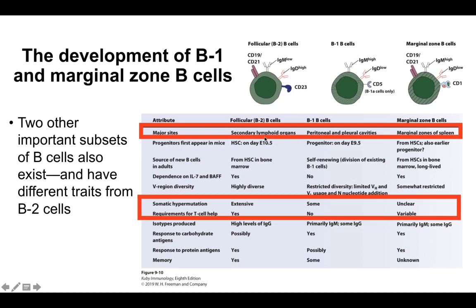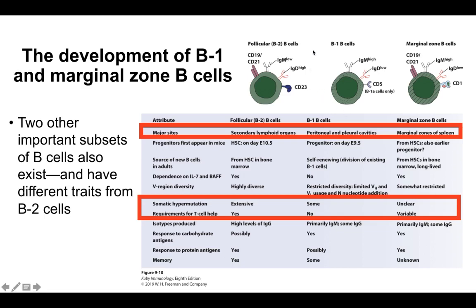These are the ones that exist in the secondary lymphoid organs, and the B1 cells and marginal zone B cells occur in different locations. The B1 are in the peritoneal or pleural cavities, and the marginal zone are in the spleen. So there are some differences in how they get activated and how we can detect them.